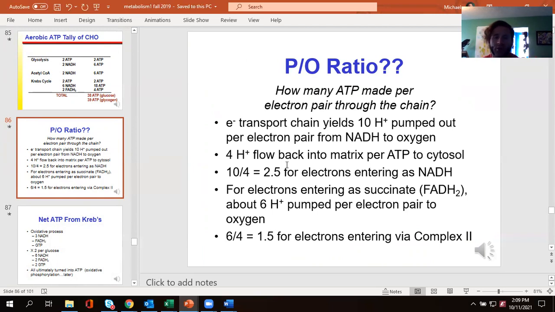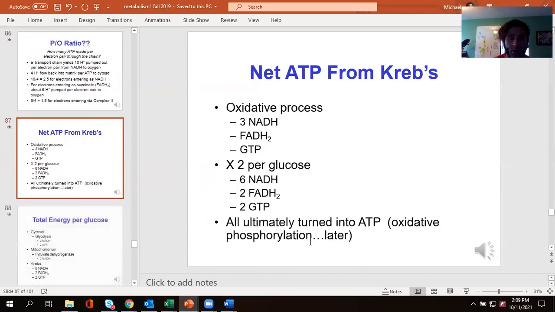That's because we have to use a certain amount of energy in order to get that ATP back into the sarcoplasm, as well as, notice guys, it's going to be a total of 10 pumped through, but we get 1 ATP for 4 NADH and 6 for FADH2.